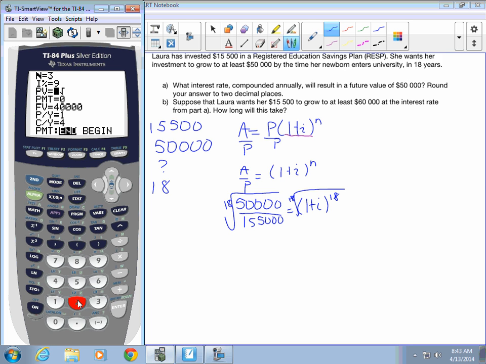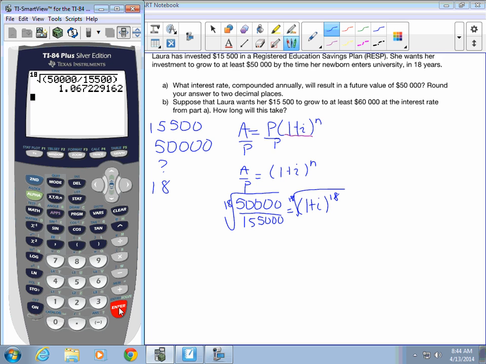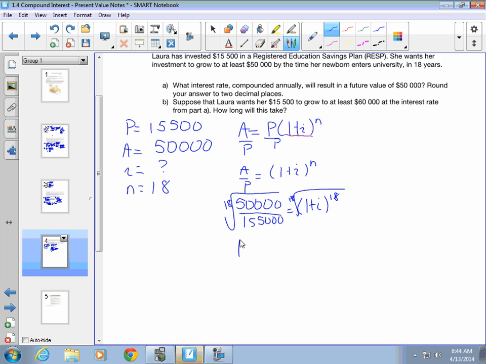Okay, so it's 18. Then my math, I want number 5. I want the whatever root. So in brackets, I put 50,000 divided by 15,500, bracket, and I get 1.0672.